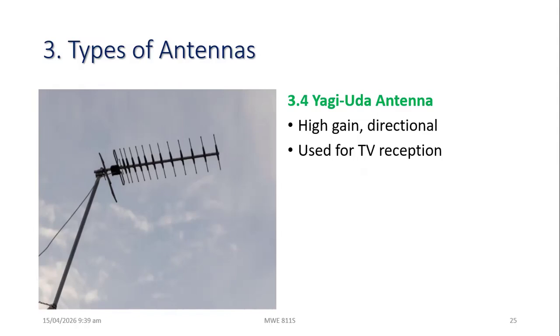This one is used to radiate as well as to receive signals, mainly used as a TV reception antenna, and it's directional. So you have to mount it in such a way that it faces a certain direction where it can capture a lot of signals.